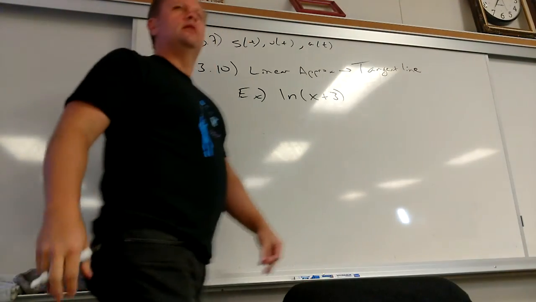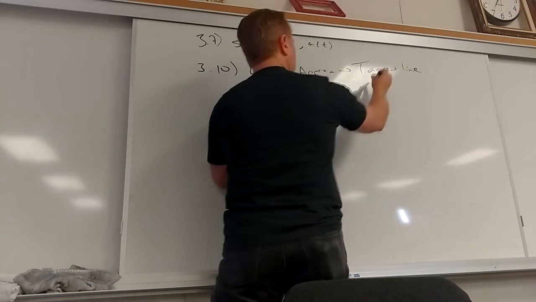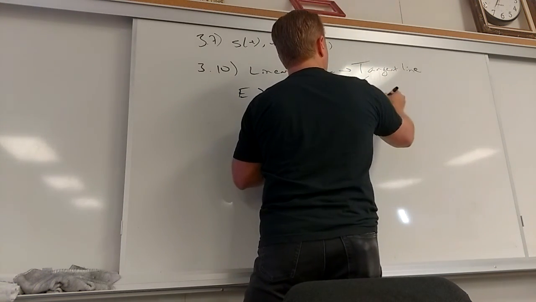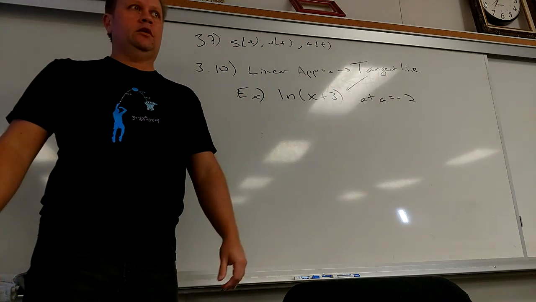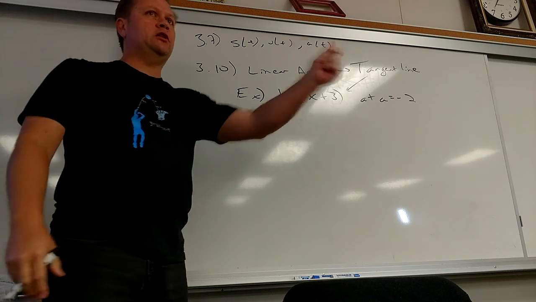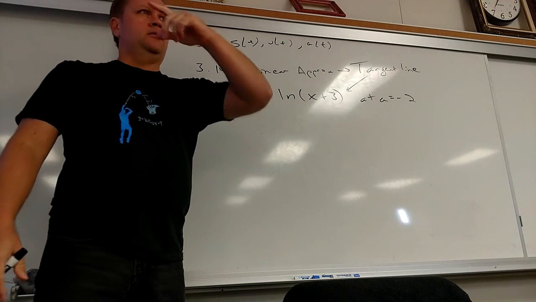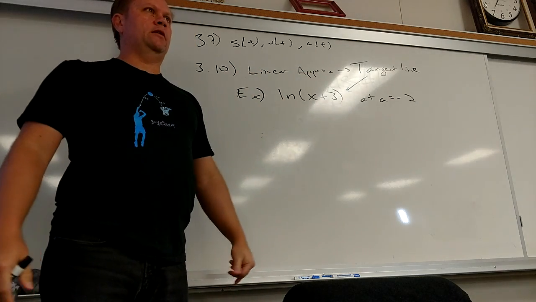If I want to create the linear approximation, I just find the tangent line at a equal -2. And that's algebra, really, with a little bit of calculus. Take a derivative, get the slope, get the point, plug it into the equation of a line. That's algebra. I like it.